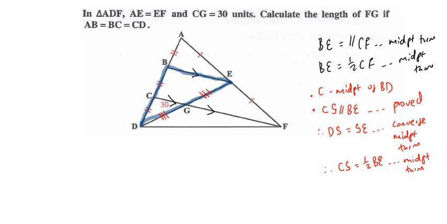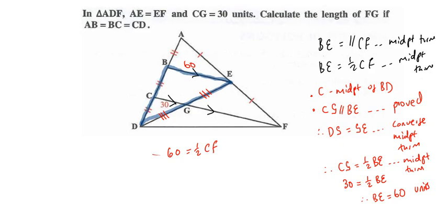Let's remember that. Okay, so CG is 30, and then we don't have BE. Remember, we needed BE. If you multiply by 2 there, your BE is going to be 60 units. And if this is 60 units, it allows us to find CF, because now we can say 60 is equal to half of CF.